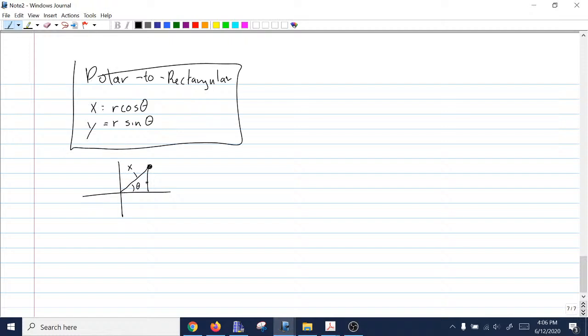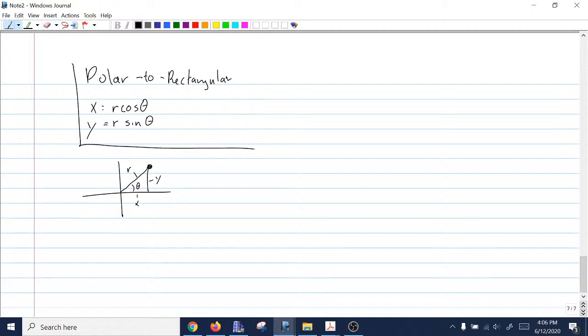This will be r, that'll be x, that'll be y. So sine theta is opposite over hypotenuse, gets you there. Yeah, this is the easy direction.